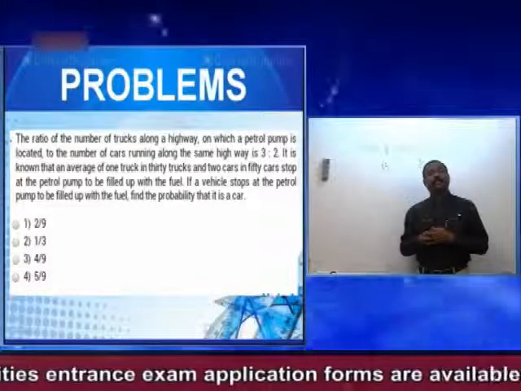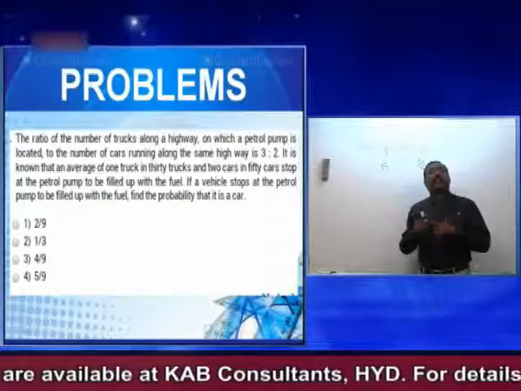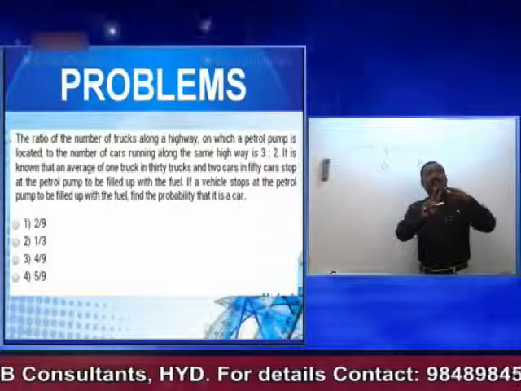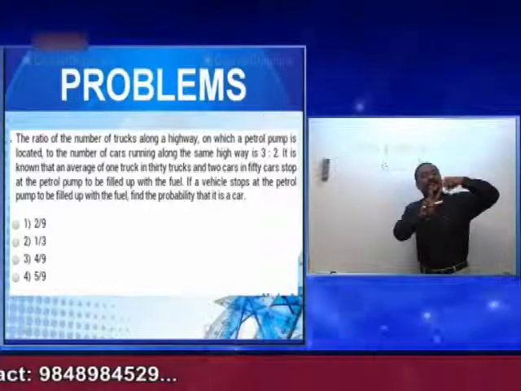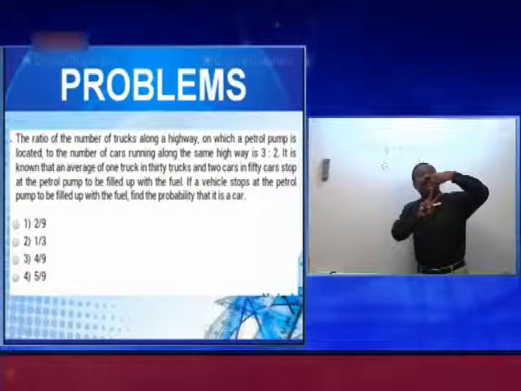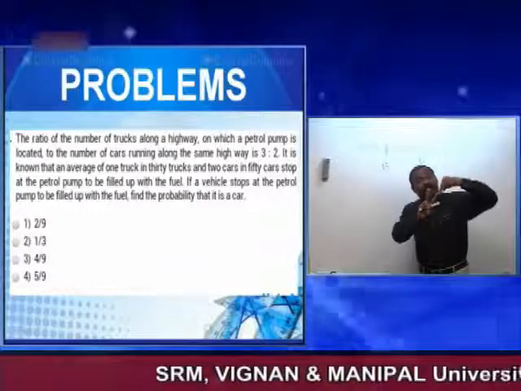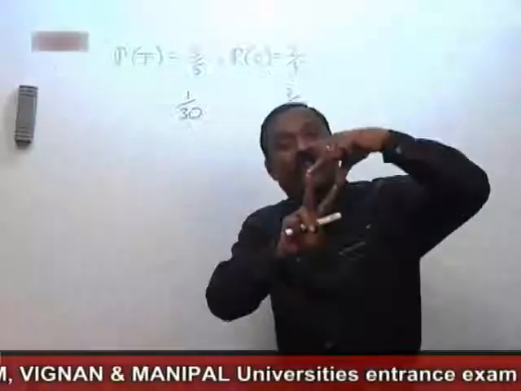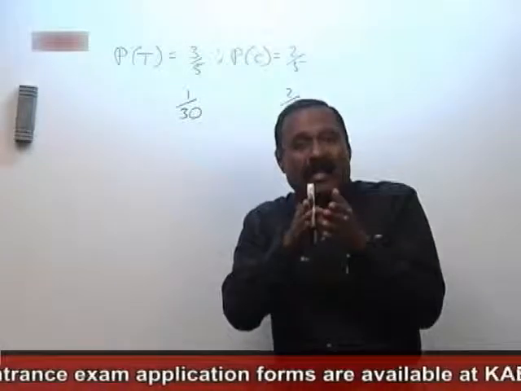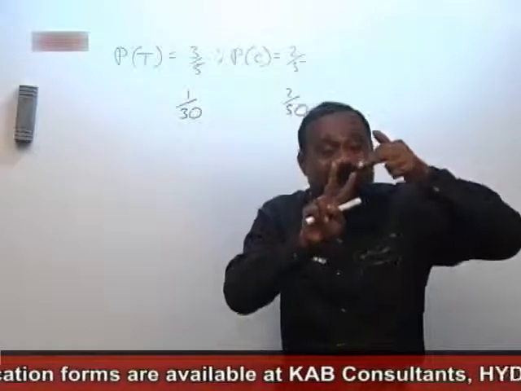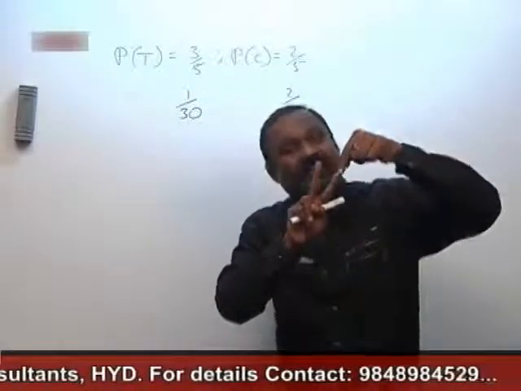Whenever at a petrol pump, 2 types of vehicles are entering, one is a truck, another one is a car. So filling up of petrol happens in 2 ways: filling up the truck, or filling up the car. So 2 events are the filling up of petrol happening with 2 different vehicles, that is, with a truck or a car.